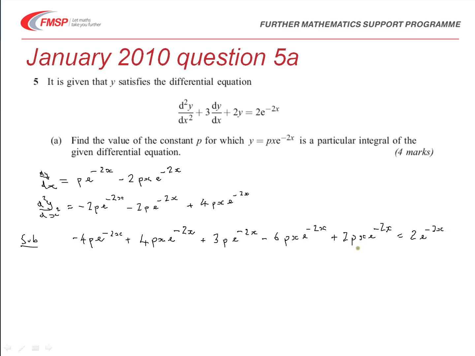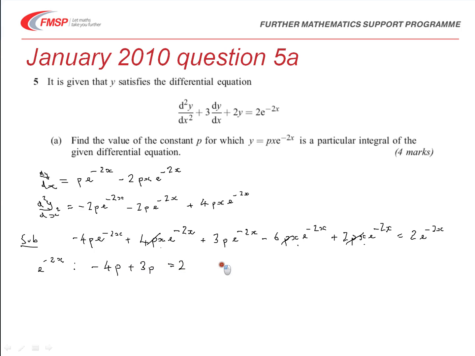Now if we check the px e to the minus 2x, we've got 4 of them here, minus 6 of them there, and 2 of them there, so they all disappear. And so we're now only left with p e to the minus 2x's. So we're going to just equate the coefficients of e to the minus 2x. And that is going to tell us that minus 4p plus 3p equals 2.